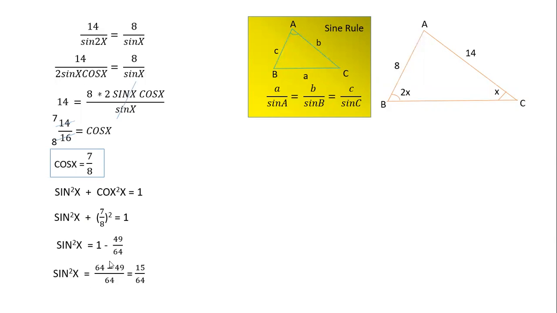Take LCM and subtract: 64 minus 49 upon 64. Subtracting it, you will get 15 upon 64. So sine of x will be square root of 15 upon 64. Square root of 15 is not a perfect square, so it remains inside the root sign. Square root of 64 is 8. So sine of x is equal to root 15 upon 8.